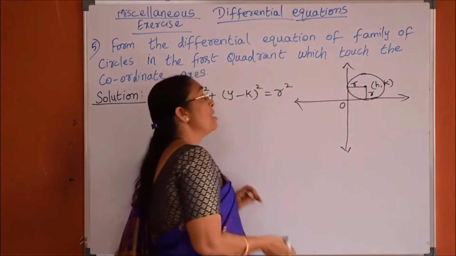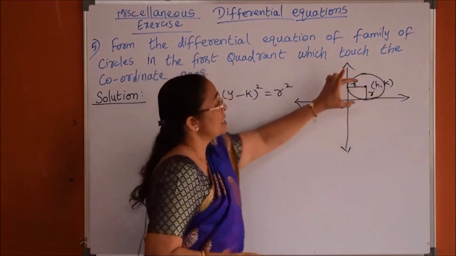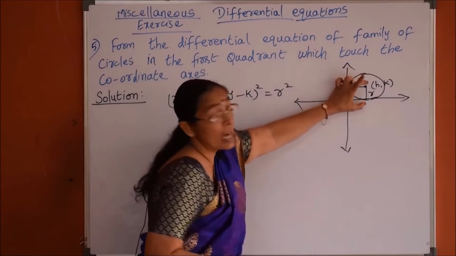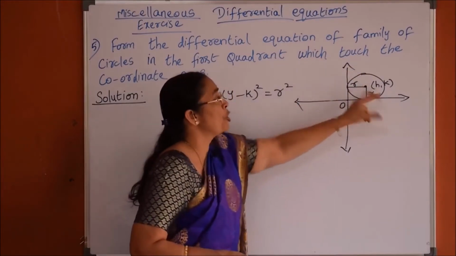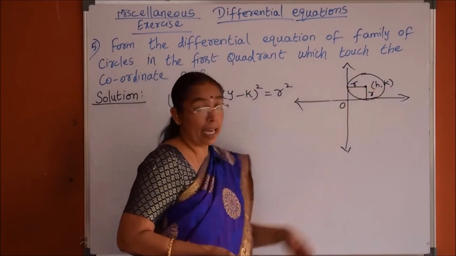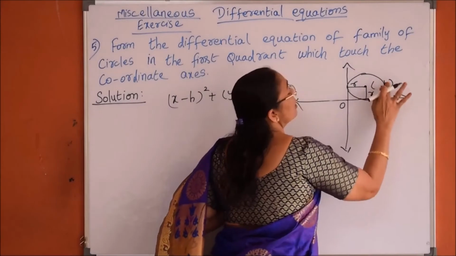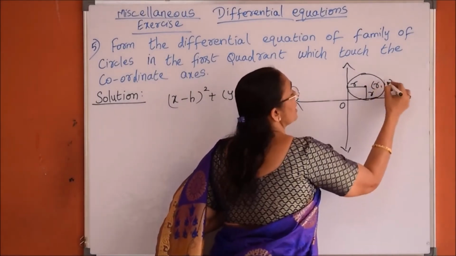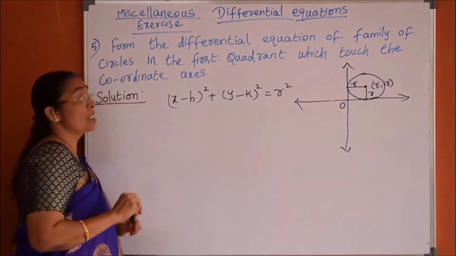We can see the center (h, k) is the same as the radius r distance here. This r is nothing but h, and again this radius is k. So instead of (h, k) we can say (r, r). So two arbitrary constants are eliminated.